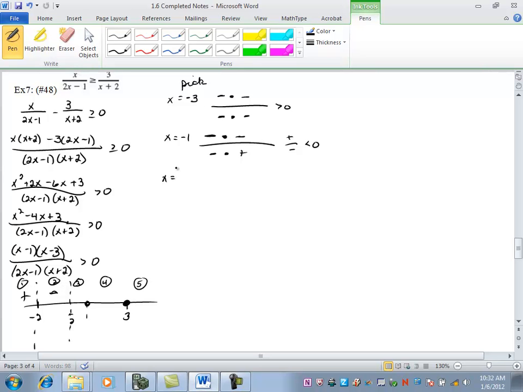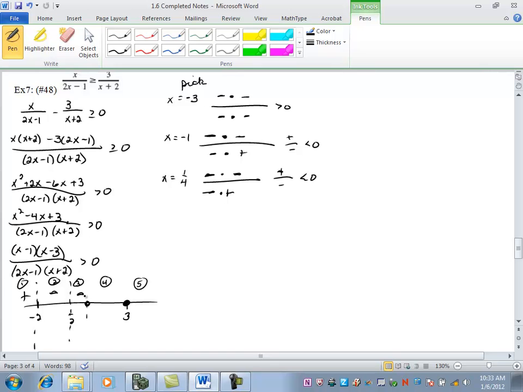Let's pick x equal 1/4. Didn't use 0 in this one, I guess. 1/4 here minus 1 is negative, times another negative over a negative times a positive. So we've got a positive over a negative, less than 0 here.